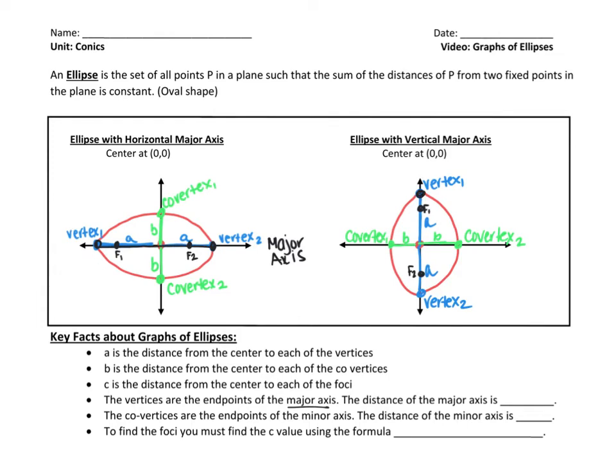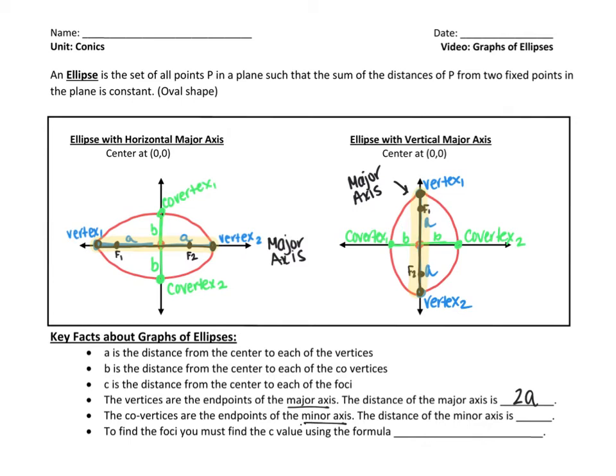Then if the vertices are here and here, this would be my major axis in my vertical ellipse. And the distance of this major axis is the distance from here to here. Since both of these distances are A and A, we can just add them together, and that distance would be 2A.